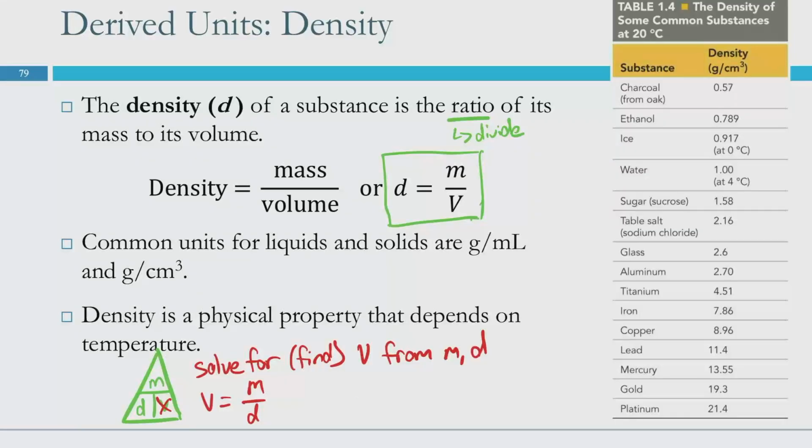If you do it the algebra way, you multiply both sides by volume. You get volume times density equals mass. And then you divide both sides by density to get volume equals mass over density. Or maybe you're really good at algebra, you do it in one step.